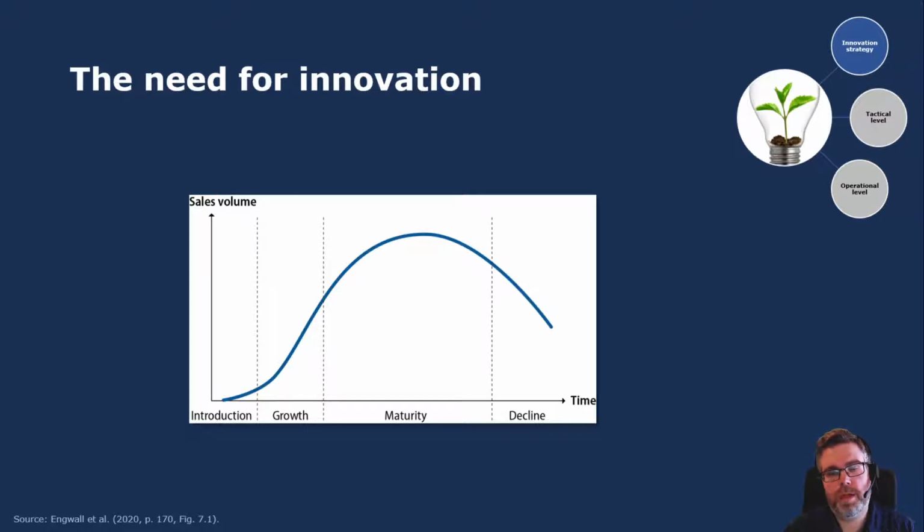So you need to balance this with new products coming in with new growth and maturity periods and so on over time. Otherwise, the company will not stay in business for long. So there is a constant need for innovation and product development within all companies, I would say.